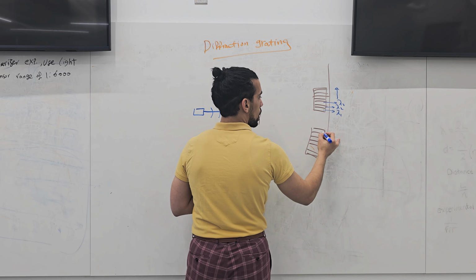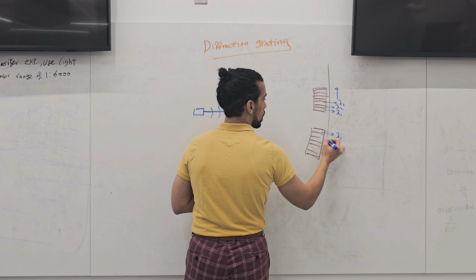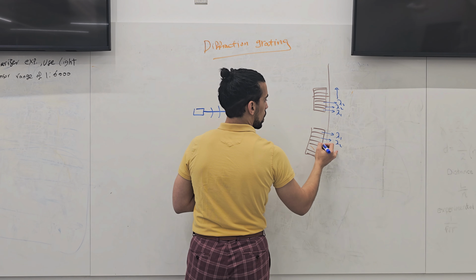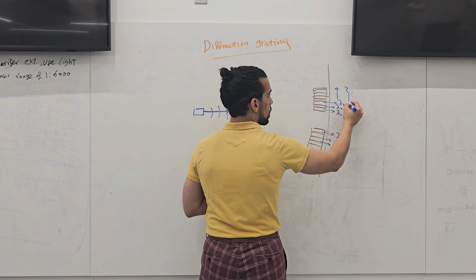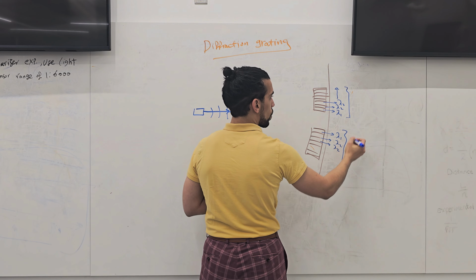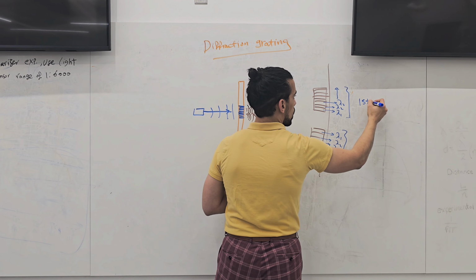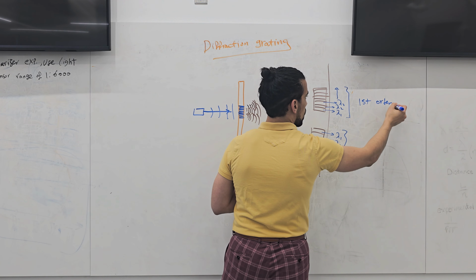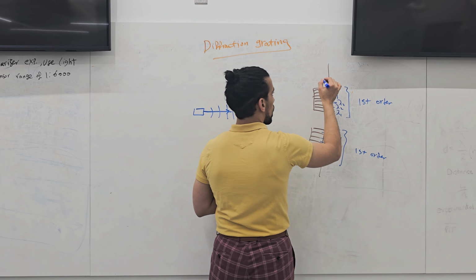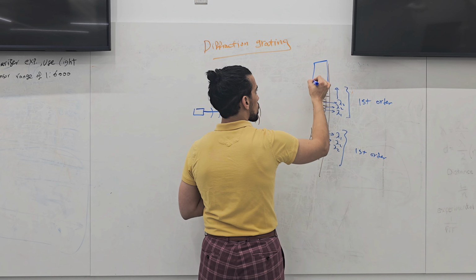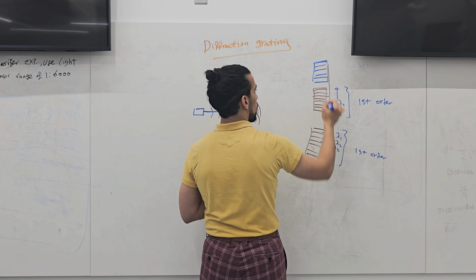And so on. Then we have this one, L1. Then we are going to have all the colors here as the first order. Then all the colors up for the second order.